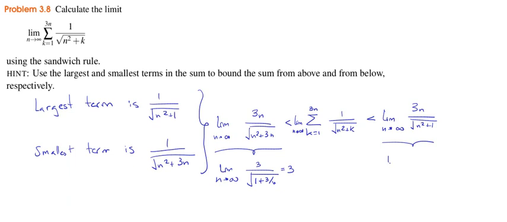And this limit again we can divide by n, so we have 3 divided by the square root of 1 plus 1 over n squared, sorry, but this is also going to 1, so this limit is 3. So the limit that we want is between 3 and 3, so the sandwich rule makes sure that this limit is going to be equal to 3.